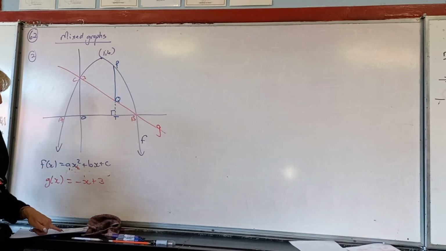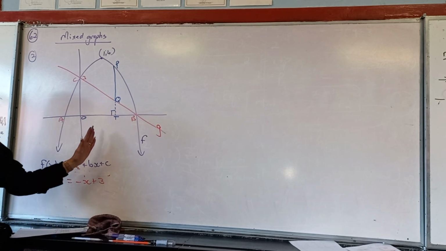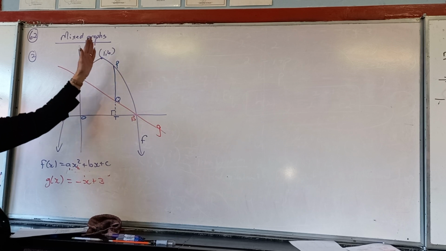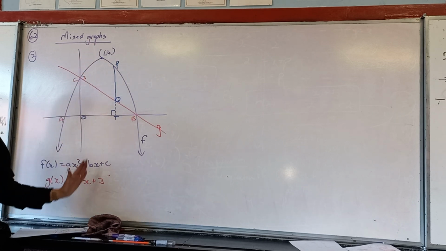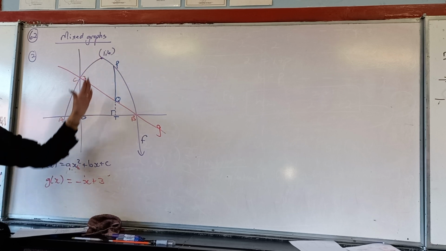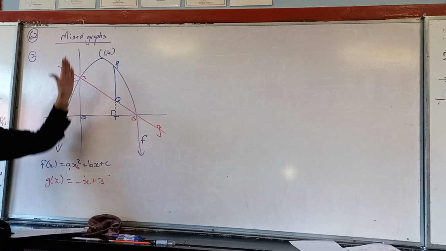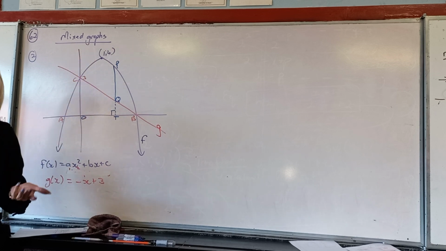Next question, get the equation of the axis of symmetry of f. Where's the axis of symmetry? Equation: x is equal to 1. That's the equation. Guys, that's all the stuff we've done.